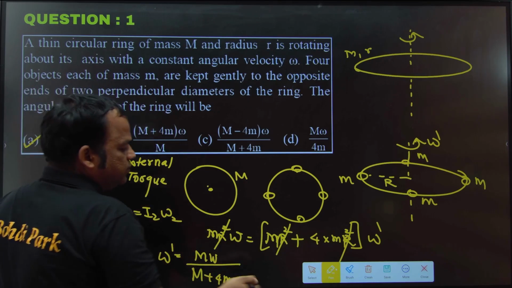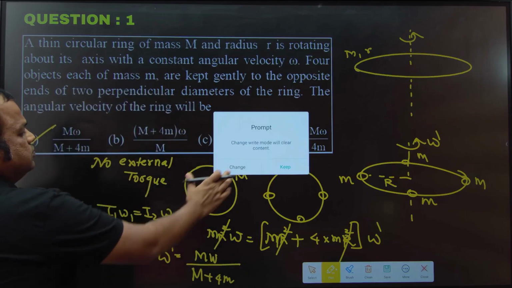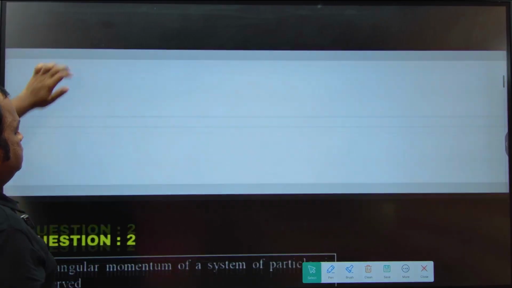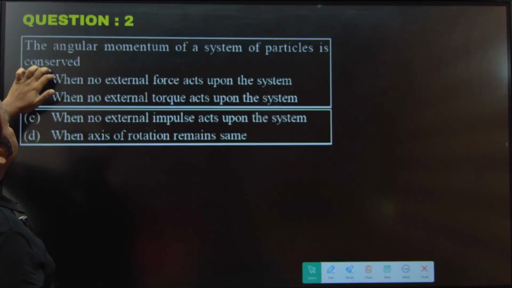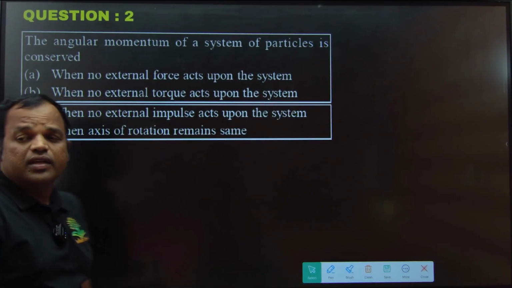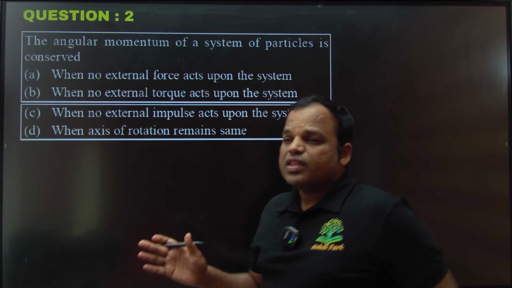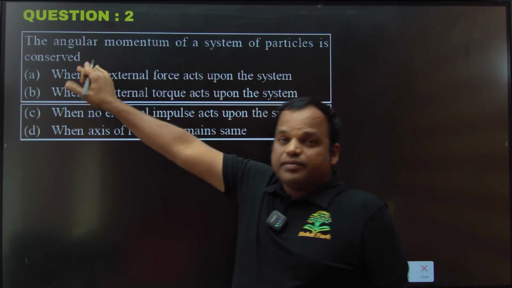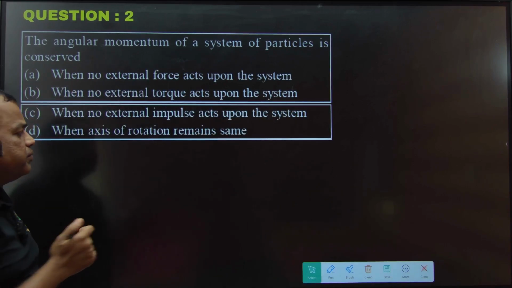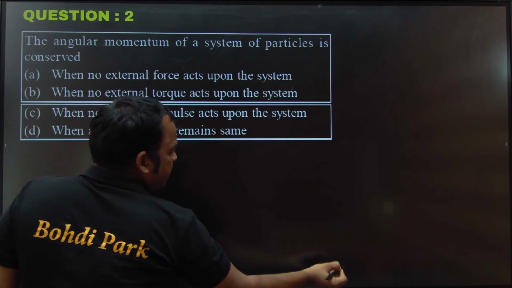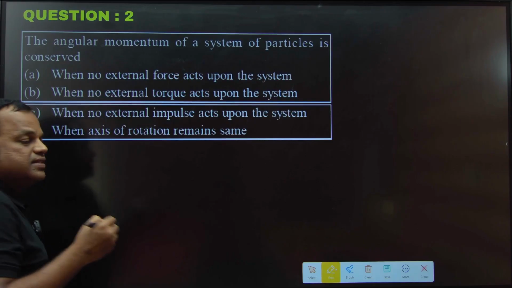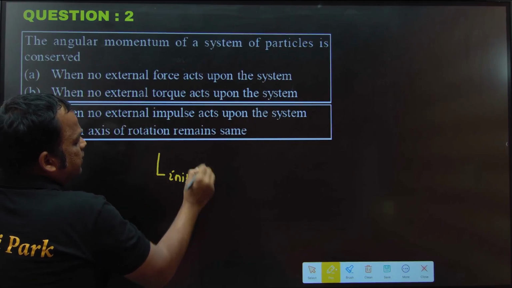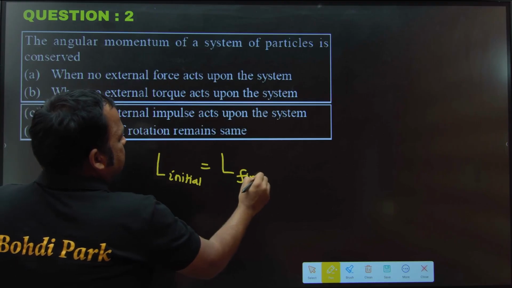Now next question. In this question, what they are saying, the angular momentum of a system of particles is conserved. Conserved means remains same. So what is the condition that angular momentum remains same? So L initial is equal to L final.